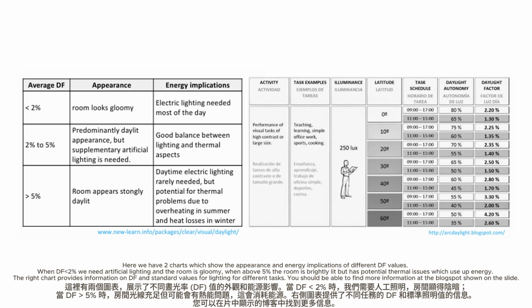When DF is above 5%, however, the room is very brightly lit but has potential thermal issues. It could be too hot, which would use up more energy. The chart on the right side provides information on daylight factors and standard values for lighting for different tasks. You should be able to find more information at the blogspot shown on this side.